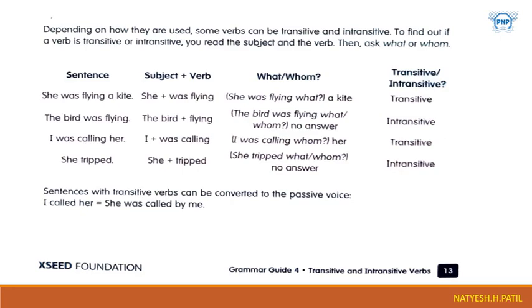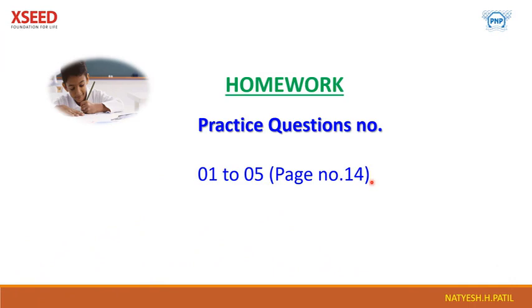The homework is simply you have to solve question set 1 to 5, which is on page number 14. This is a very simple short homework I have given, and the deadline is 5 p.m. today itself. By 5 p.m. you have to submit the same.